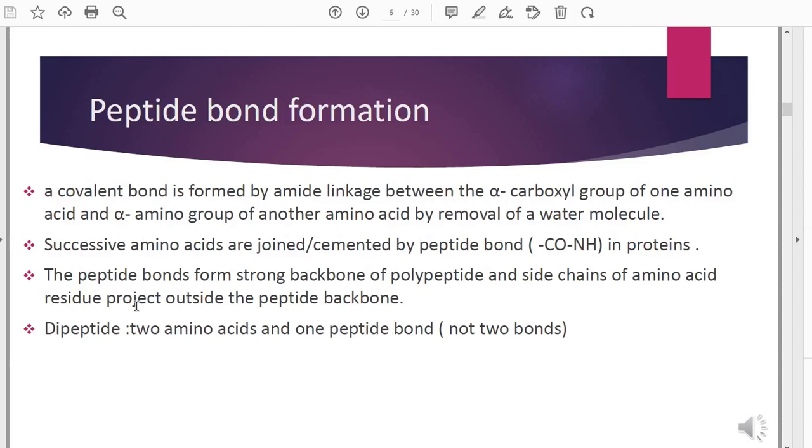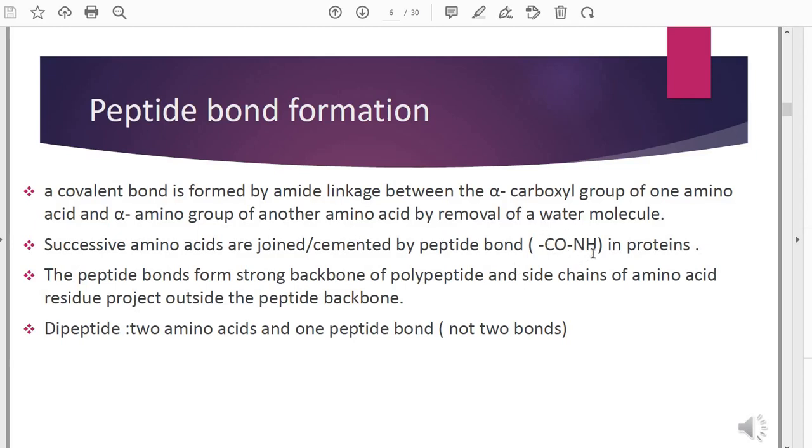What is the peptide bond? It's a covalent bond formed by the amide linkage between the alpha carboxylic group of one amino acid and the alpha amino group of another amino acid, the successive amino acid. We remove one molecule of water and form the peptide bond.